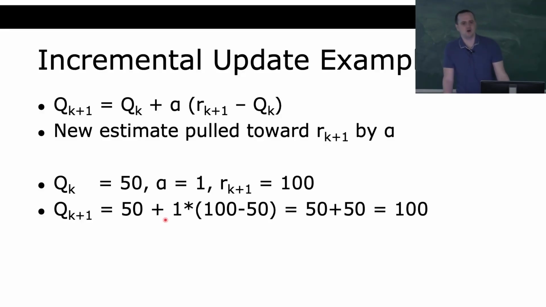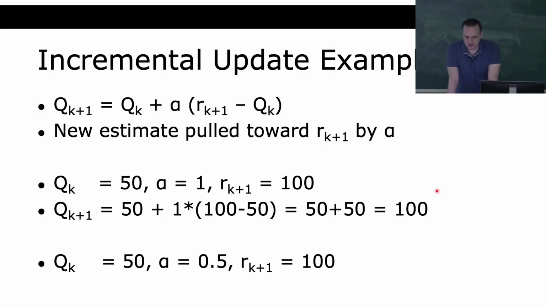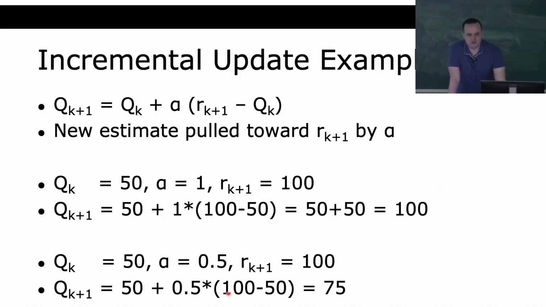If alpha is 1, it means go all the way of this 50. Okay? So my new estimate is 100. If alpha was 0.5, then instead of going the whole 50 from 50 to 100, I would divide that by 2. So I'd only go halfway between 50 and 100, and I would land at 75.